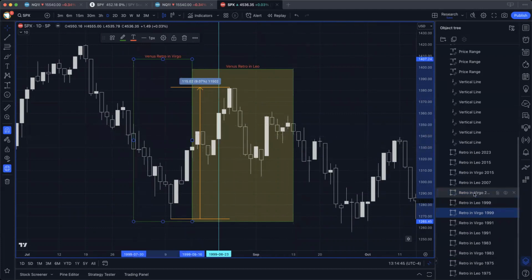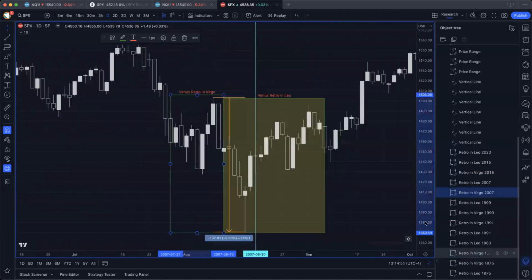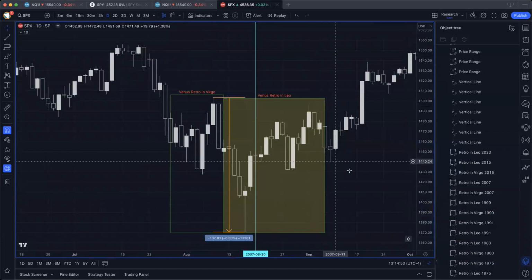Okay. Now we can go to 2007. Now, 2007 had a big flush down, about -8% here, and a pivot within 2 days of the midpoint. But again, it netted out to be not very much, with closing price being very close to opening price.